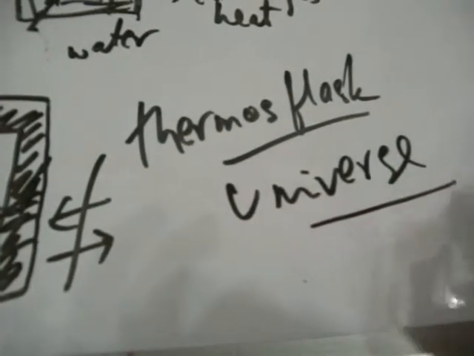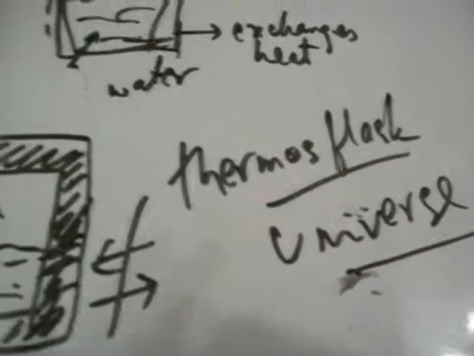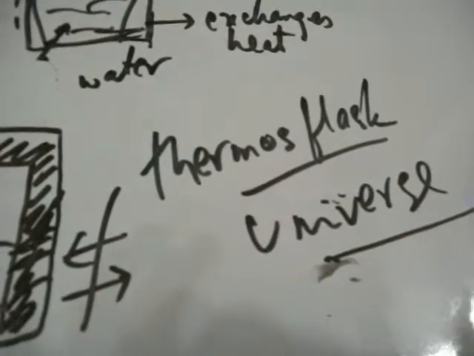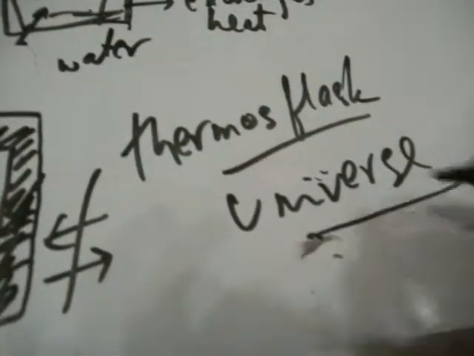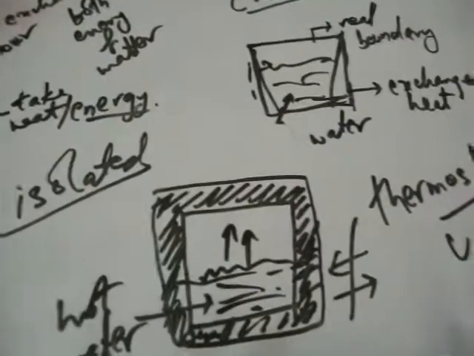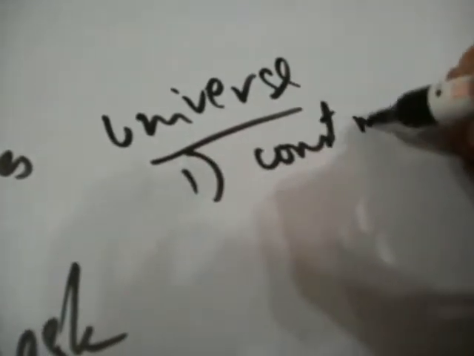Because you see, the first point is the total mass. The mass and energy are constant in the universe. The second point is that it has no boundary. We don't know anything outside of our universe.